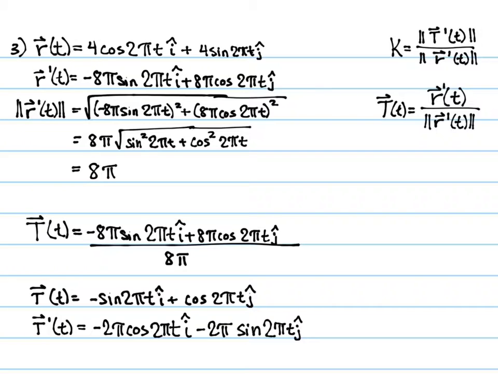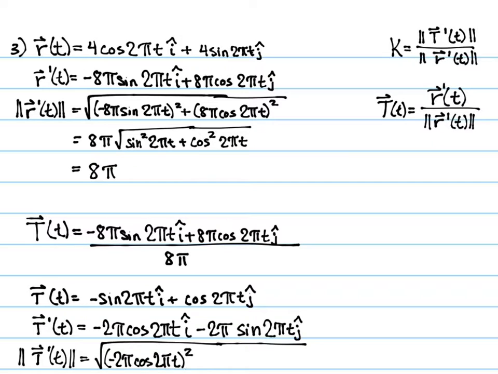Now what do I need? I need the magnitude of that. Lots of magnitudes today, too. And it feels like we already did it. It's quite similar, in fact, right? So when I take each of these, I have them both negative at the moment. They're going to be squared, though. So I've got negative 2 pi cosine 2 pi t squared plus negative 2 pi sine 2 pi t squared.